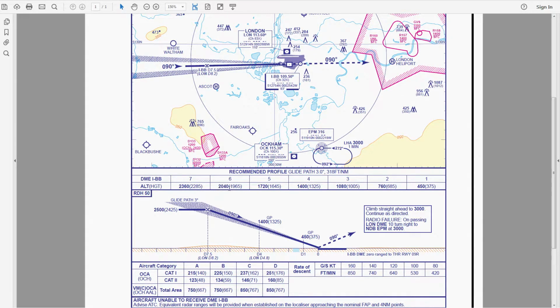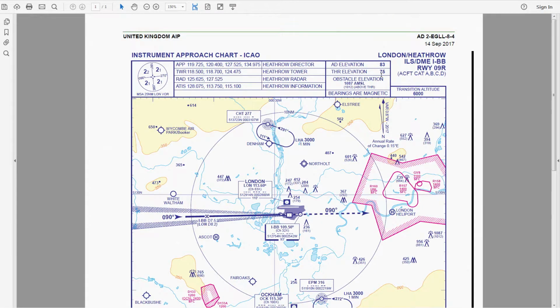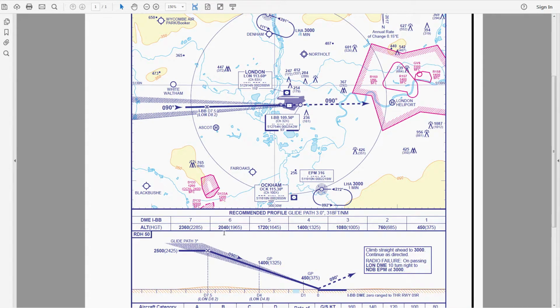So you'll see that this is a 75 foot difference from that to that, which is the 75 foot difference for the threshold. So you're going to be at an altitude of 2,040 feet, 6 nautical miles away, but you will be 1,965 feet above the threshold of the airport. Simple.